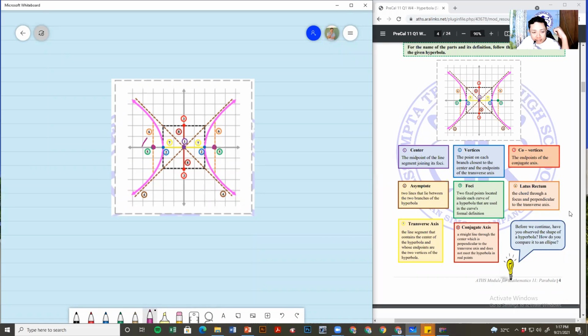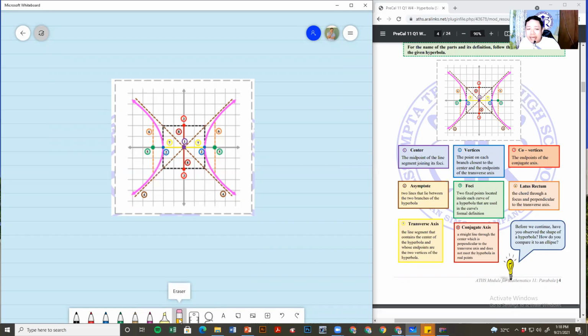If we make this an ellipse, it would look like this, if you can remember our ellipse. So we also have our foci. In our hyperbola, it also has the foci. Just that here, it goes inside too, but in the opposite direction. Okay? Please take note of that.